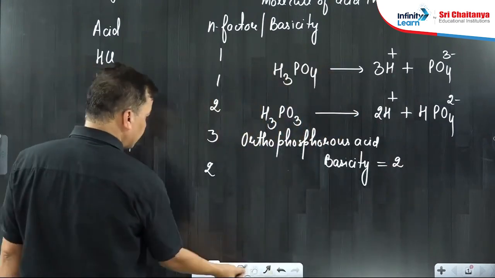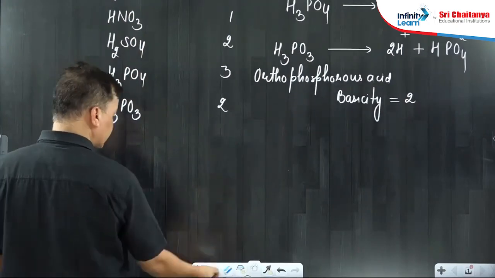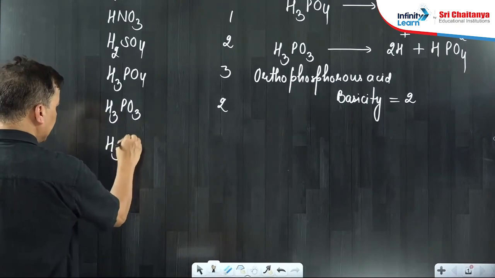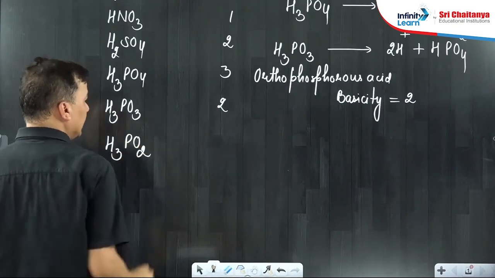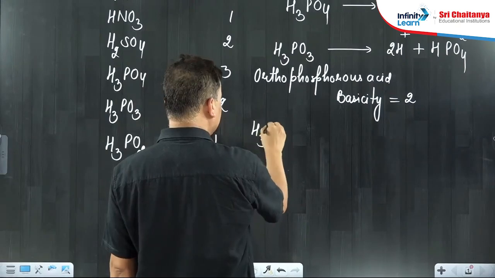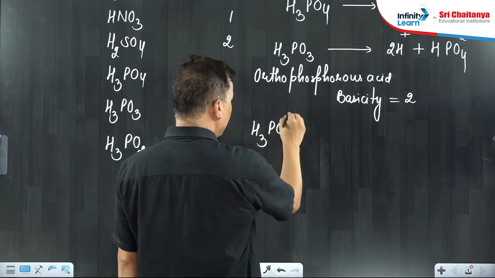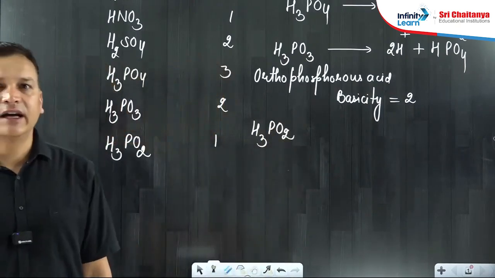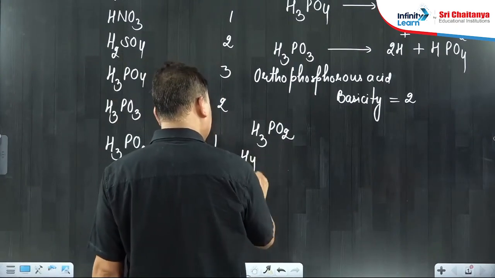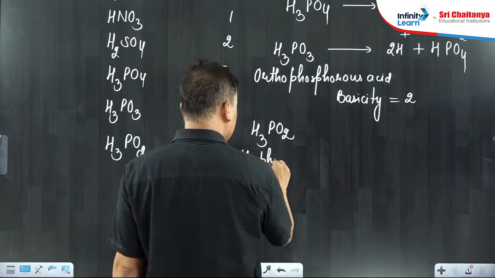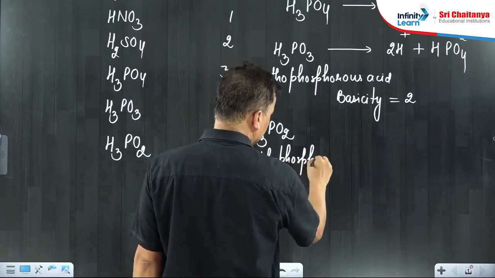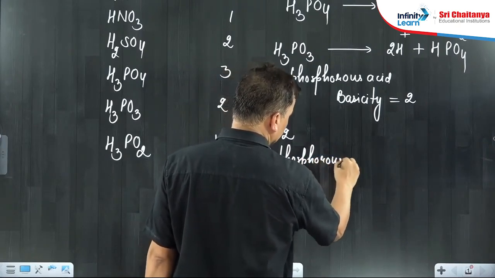Next one is H3PO2. Hypophosphorous acid. Its N factor is 1. Here I am writing H3PO2. The name of this acid is hypophosphorous acid.